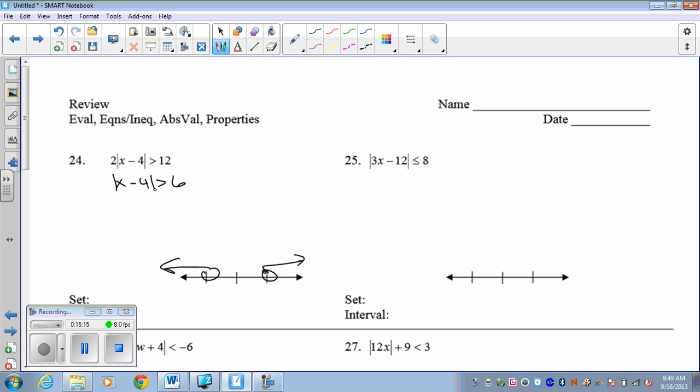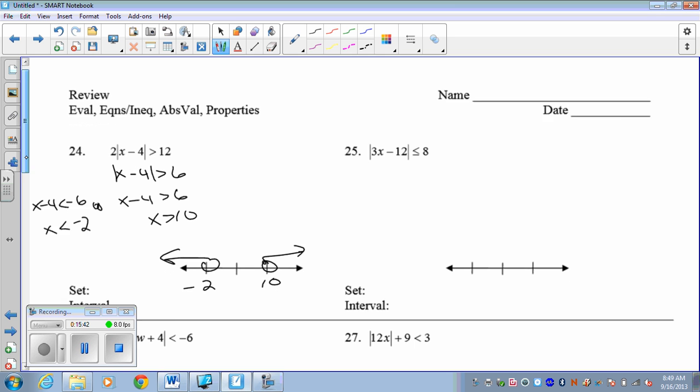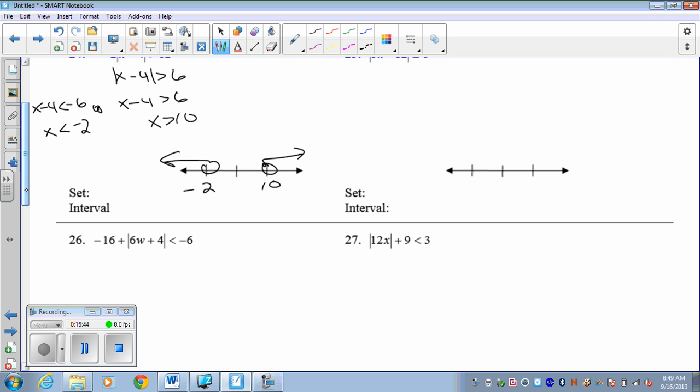When you have x minus 4 greater than 6, that's going to represent this side, or x minus 4 is less than negative 6. So, add 4 to both sides. Over here, add 4 to both sides. So then I get x is less than negative 2, or x is greater than 10.